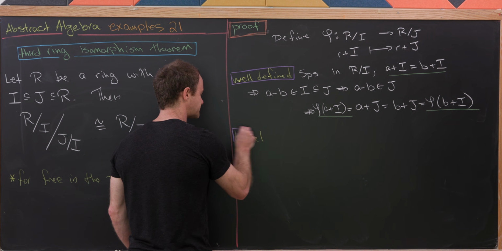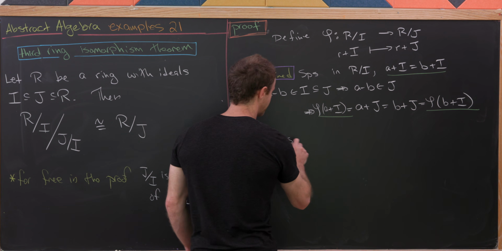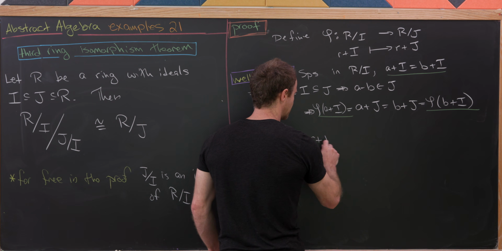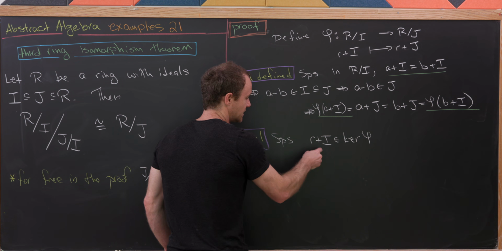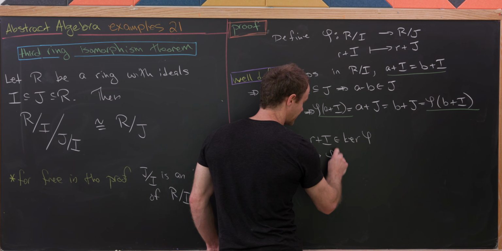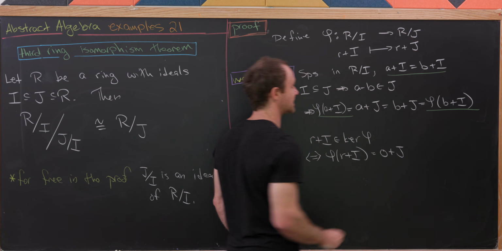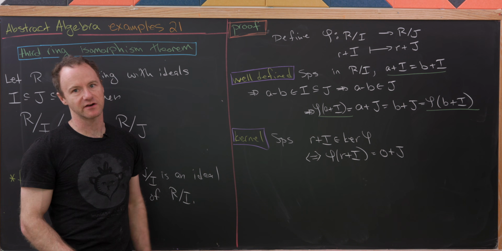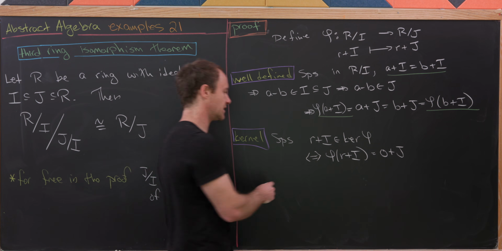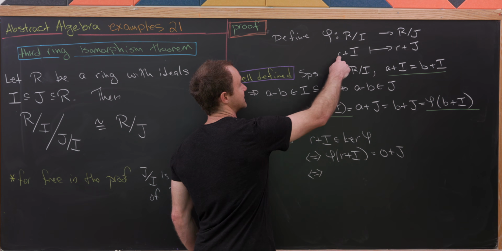Okay, great. So let's see how to do this. So let's suppose that R plus I is inside of the kernel of phi. So notice that's if and only if phi of R plus I is equal to 0 inside of R mod J. But 0 inside of there is the coset 0 plus J. But now let's apply the mapping rule for phi, which is defined right here.